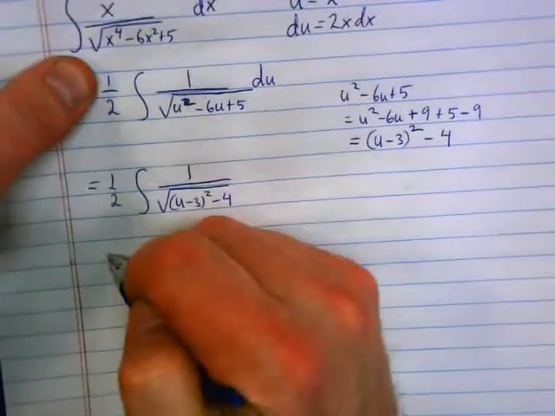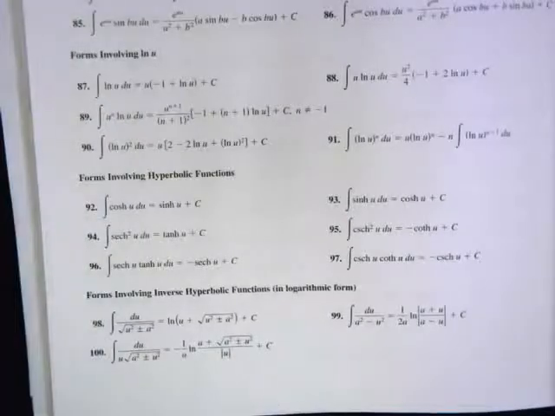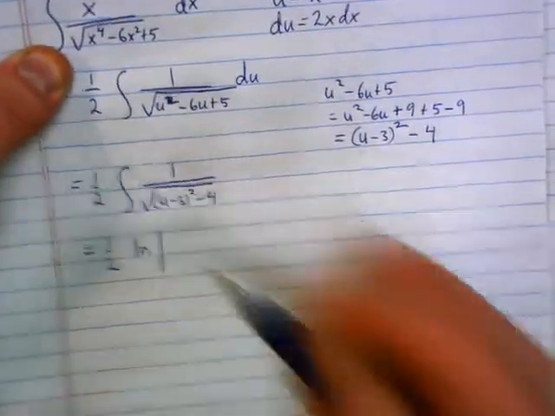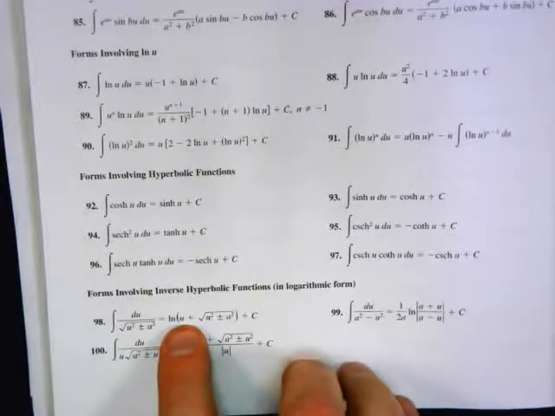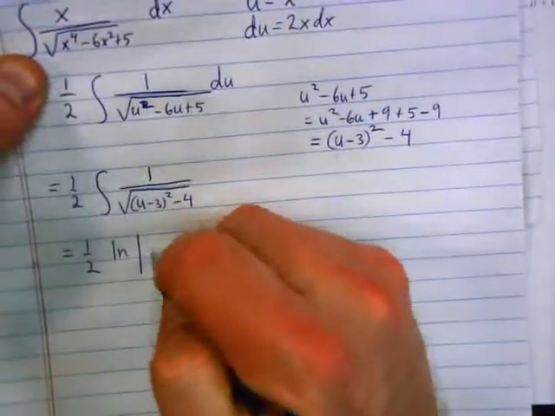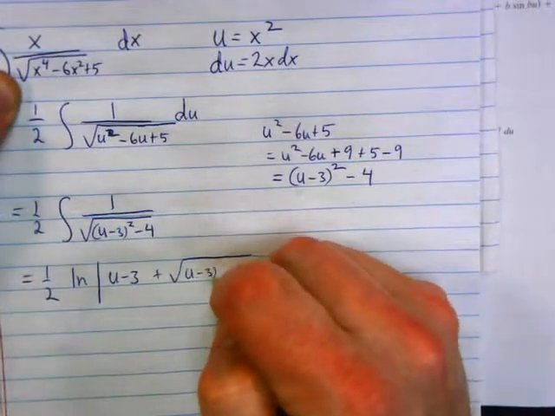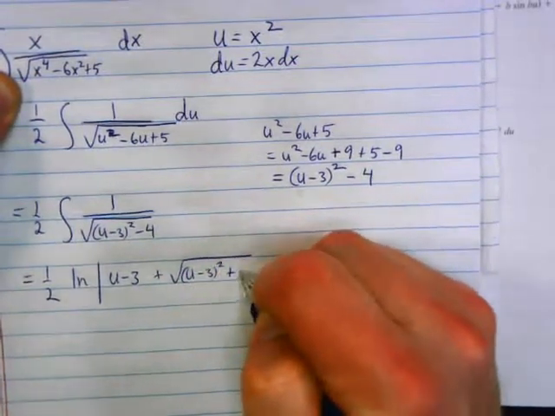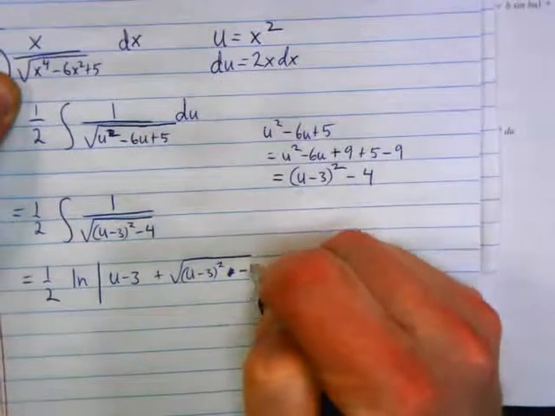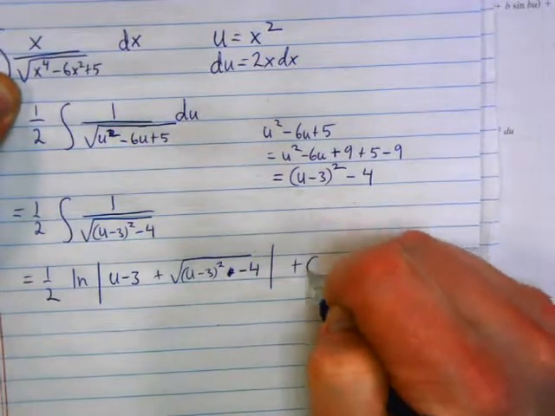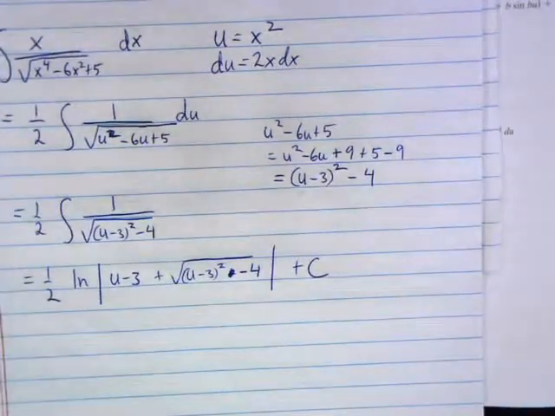Okay, so our answer becomes 1/2 ln of u, which for us is actually u minus 3, plus the square root of u squared minus a squared. So that's u minus 3 squared minus a squared, plus c.